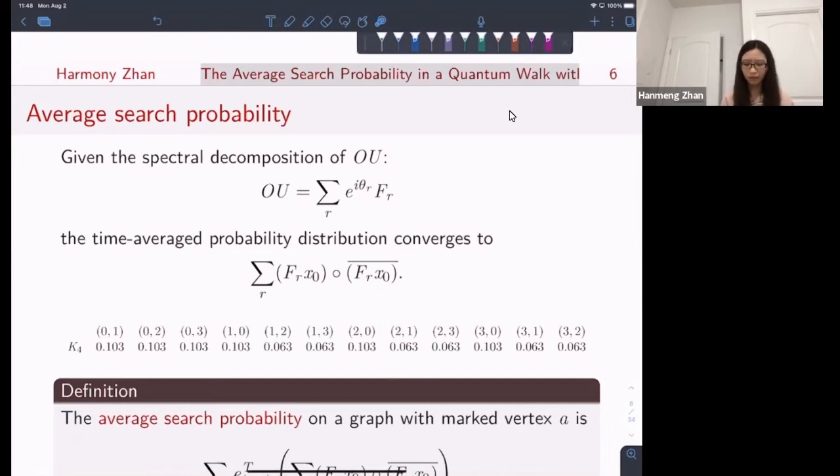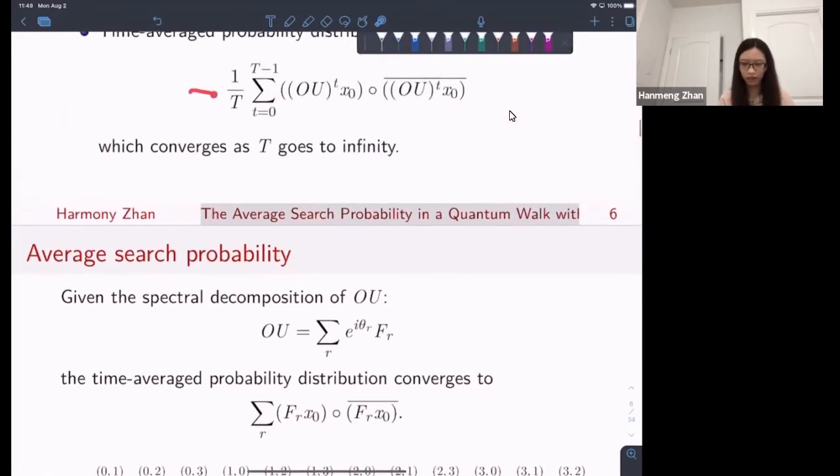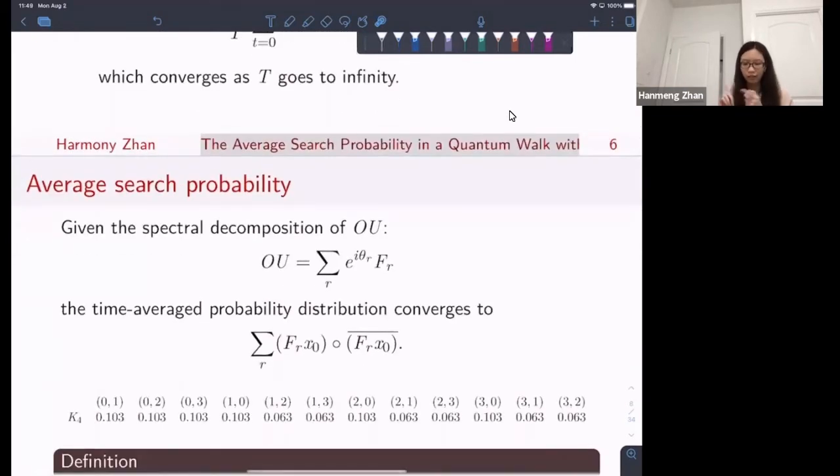Then you can show that the average distribution over the period of time that we just defined converges, as t goes to infinity, to this very simple formula. To compute it, you just do three things. First, compute the product of each eigenprojection with the initial state. Two, take the squared modulus of every entry. And three, sum this up over all distinct eigenvalues of U. So that is a program.